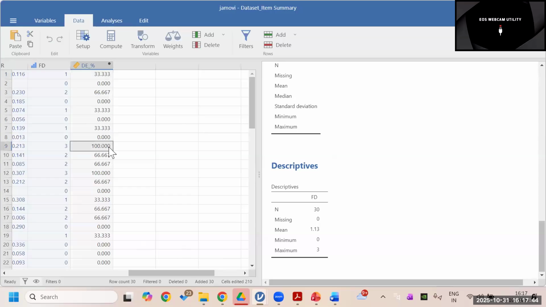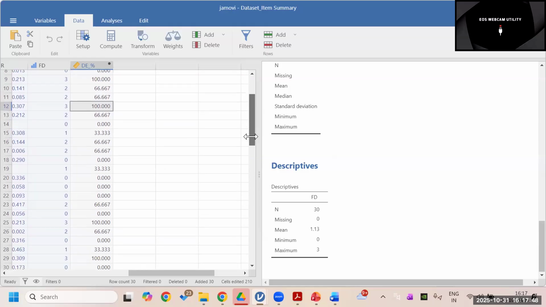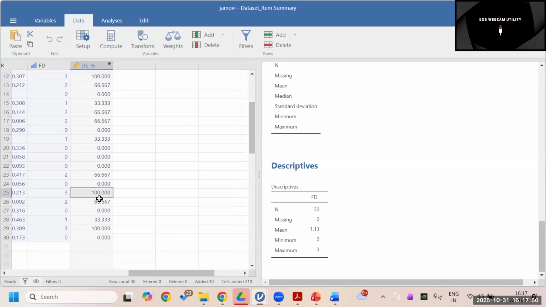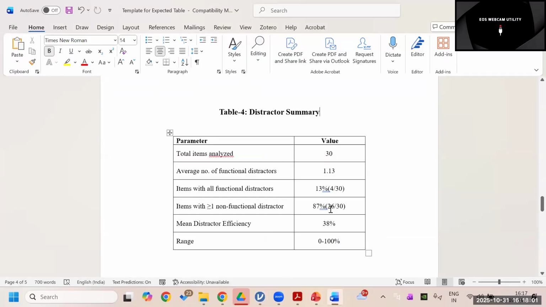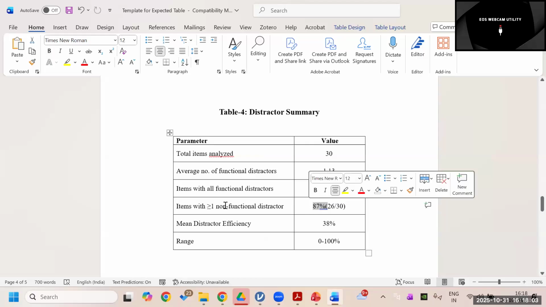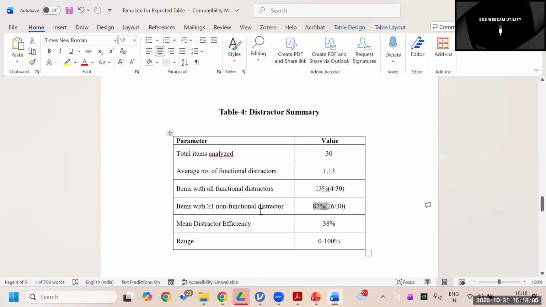So there are 4 items with 100%. This you can write as 4. These 4 items are 13% with 100% efficiency, and the remaining 87% have one or more non-functional distractors. So the opposite of this will be this.